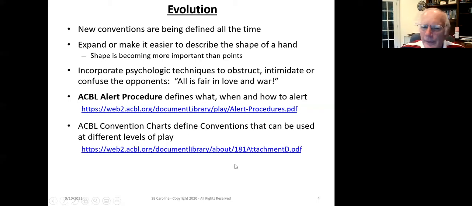The second part of the puzzle here is what's called the ACBL convention charts. These define what conventions can be used structurally at different levels of play, and there are 4 convention charts. A document defining the ACBL convention charts can be found on this internet link.